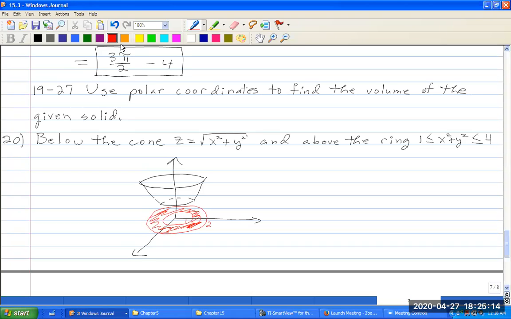And let's do, so this is X, Y, Z. And so I have here Z equals the square root of X squared plus Y squared.